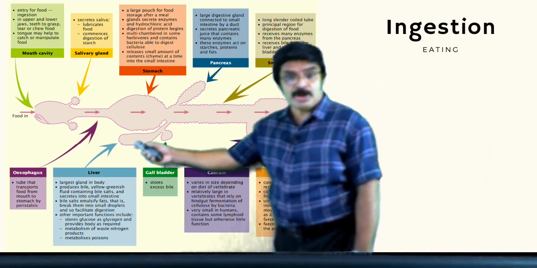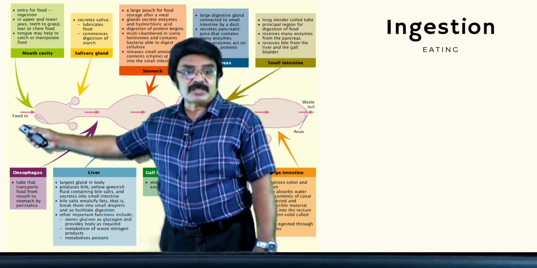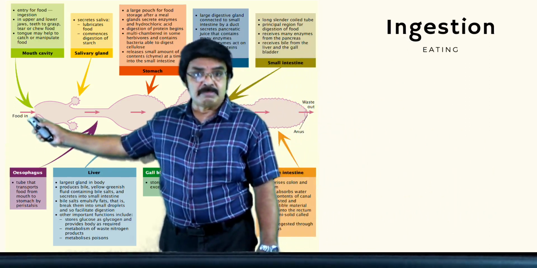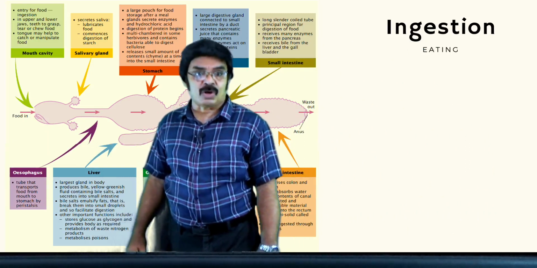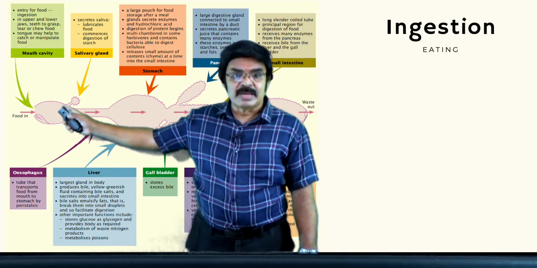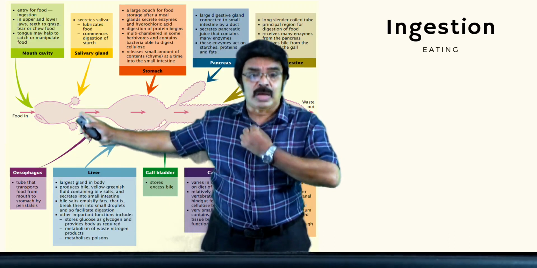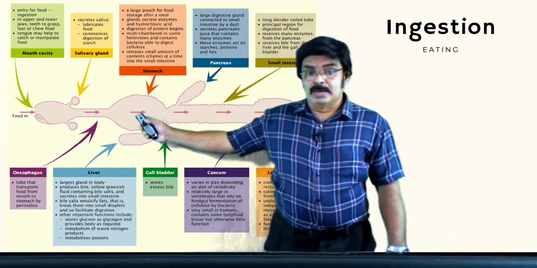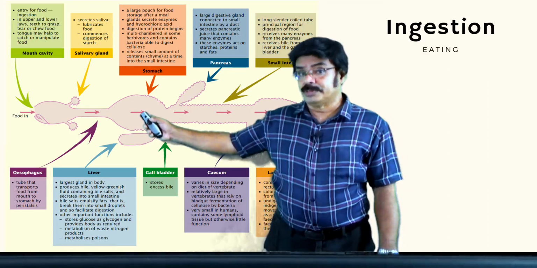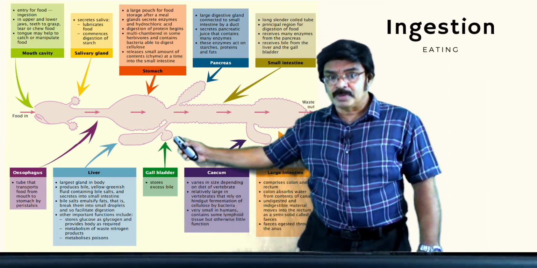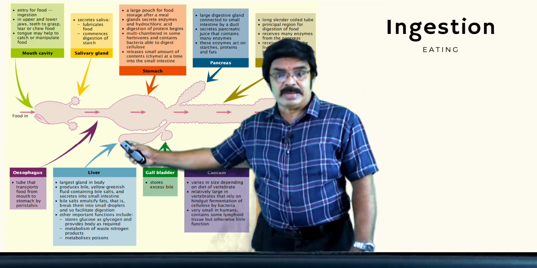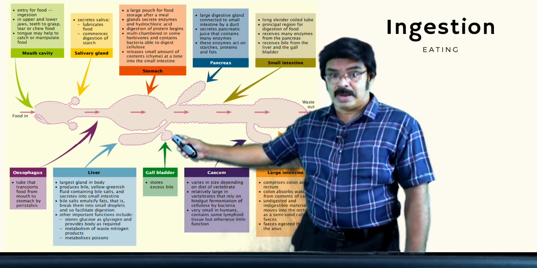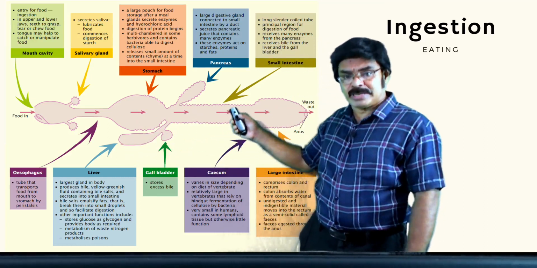It starts with the mouth, that is the buccal cavity we call it, and it has salivary glands, and then this is what we call the esophagus. After the esophagus you find the stomach. You have learned all these things in grade 7, as you know, and then the liver and gallbladder, and then the small intestine.